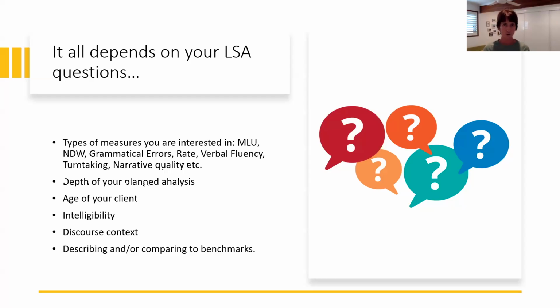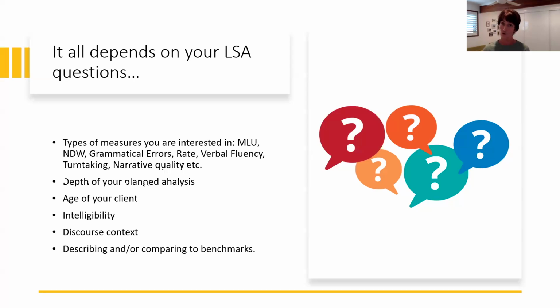The number of different words, or moving average number of different words, if we're interested in semantics. Grammatical errors, of course, is a sensitive indicator to language impairment. Rate, verbal fluency. Do we want to look at turn taking? Do we want to look at narrative quality? So really it depends on what information you want to get out of your analysis.